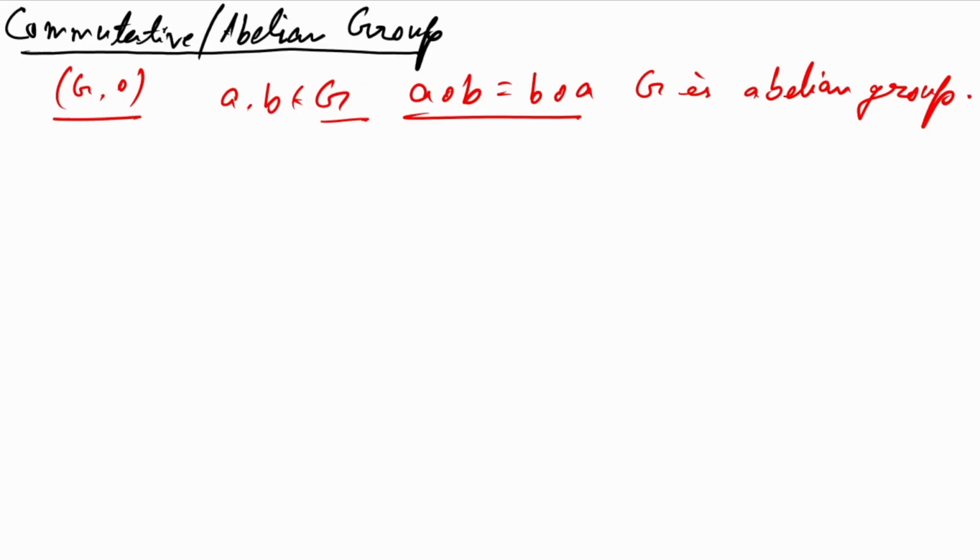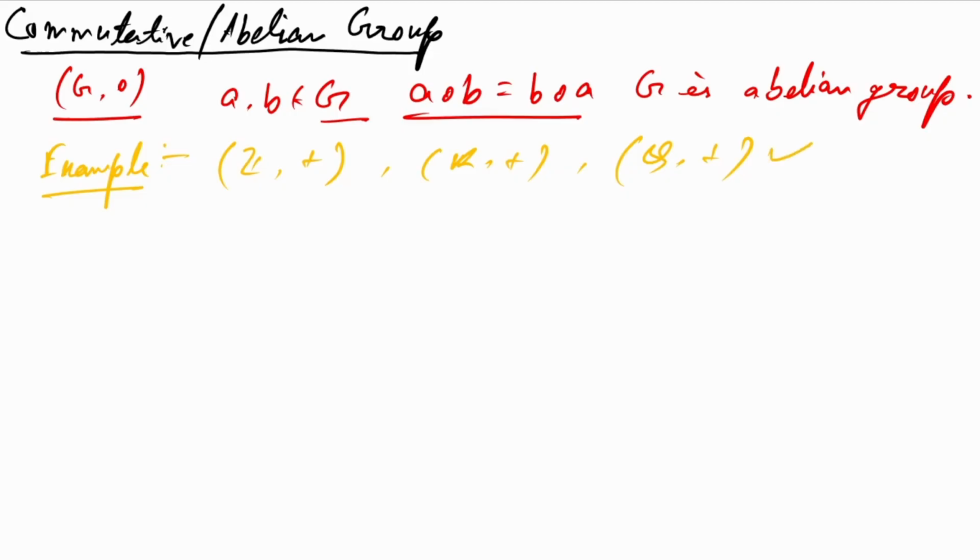Let's see some example. Obviously, you can see that our Z comma plus, R comma plus, Q comma plus, all these groups are abelian. Okay, you can take any two elements and add them, just replace their position, you will get the same result.